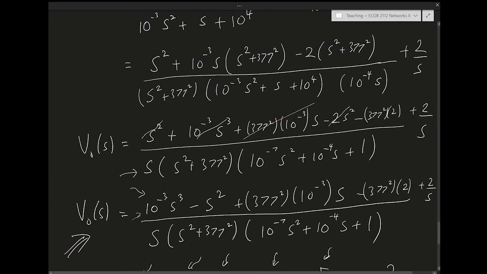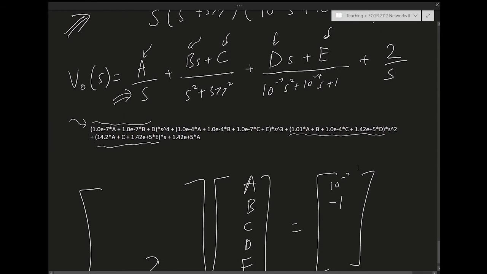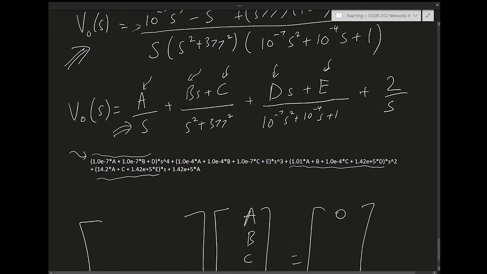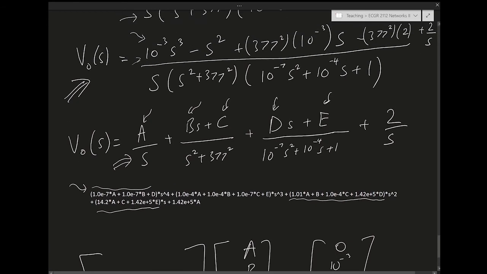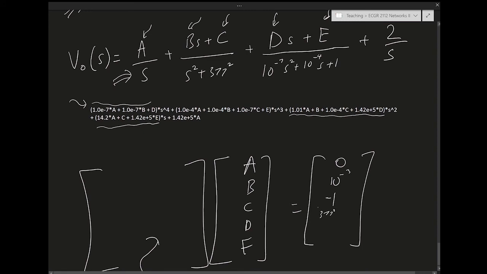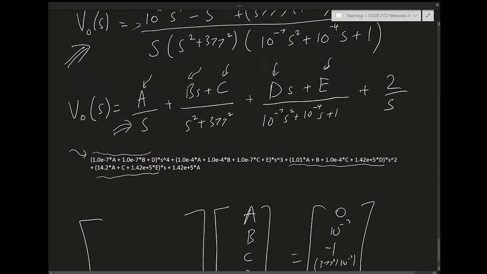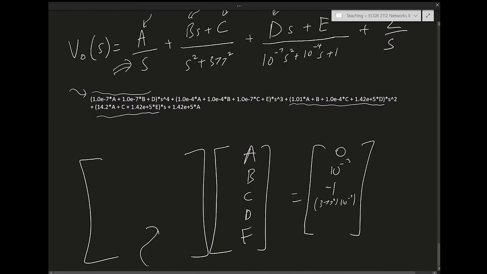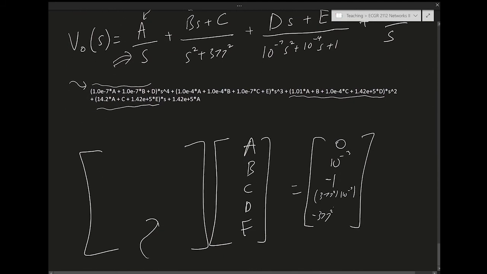Let's start with 0, because the coefficient of S4 is 0, then the coefficient of S3 is 10 to the minus 3, then minus 1 for the coefficient of S squared, then the coefficient of S, which is 377 squared times 10 to the power minus 3, and then the constant, which is minus 377 squared times 2.